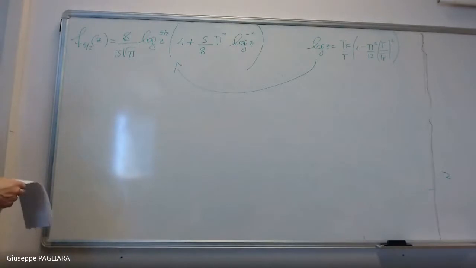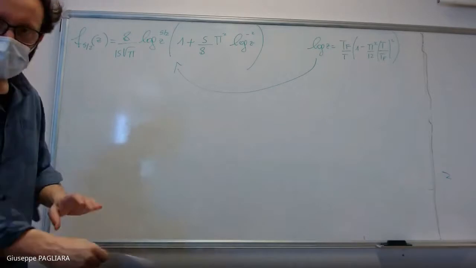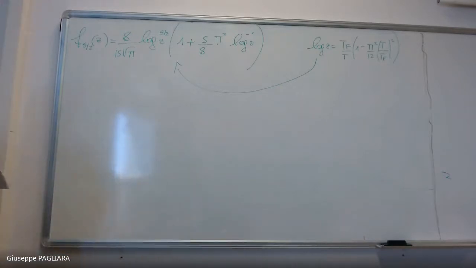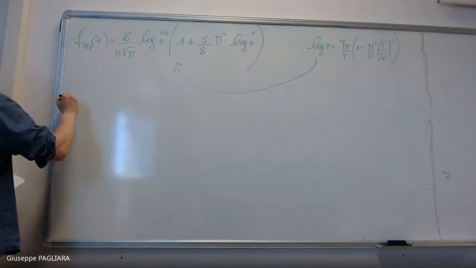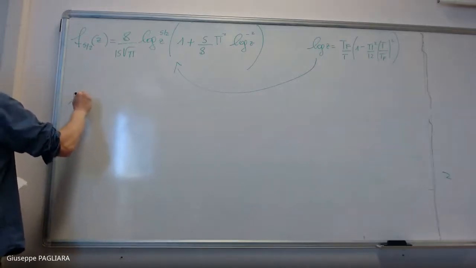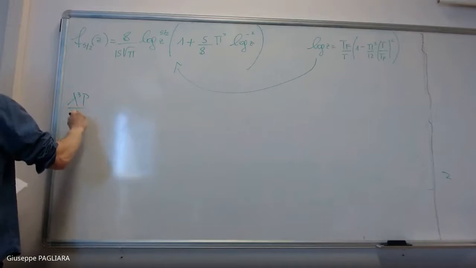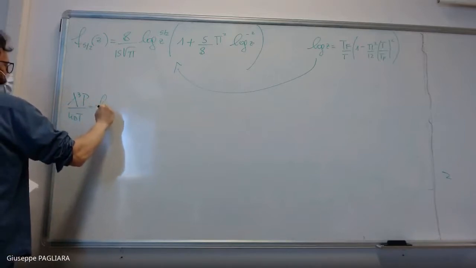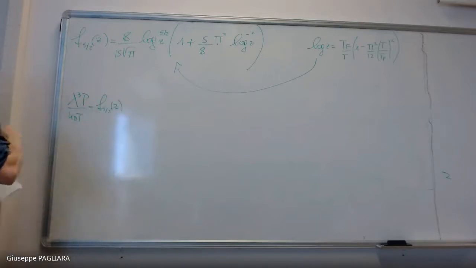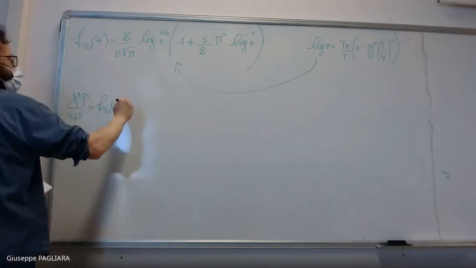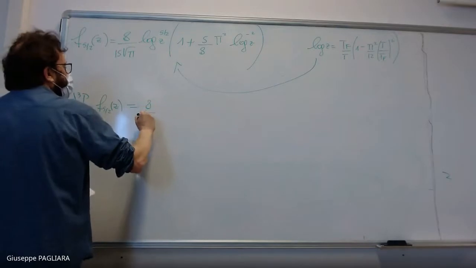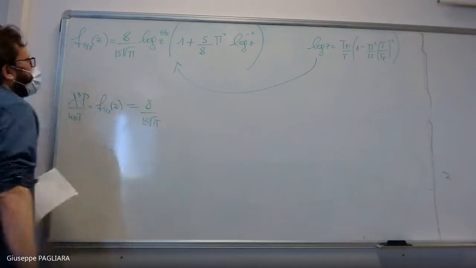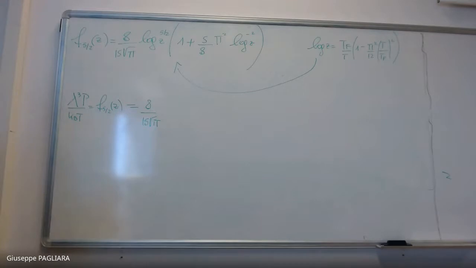So let me try to simplify as much as possible, because otherwise we will not finish today. Okay. So remember that lambda cubed P divided by k_B T is equal to f_{5/2} of z, and f_{5/2} of z is equal to all this quantity here, which is 8 over 15 square root of pi, log of z to the power of 5 half.